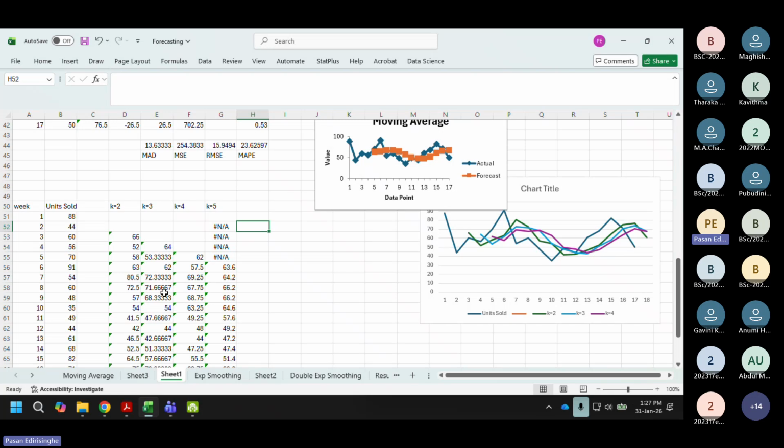Right? So once you do that, now we have the doubt: which one is going to be the most suitable out of these different k values, right? So we need to find some calculation for that.